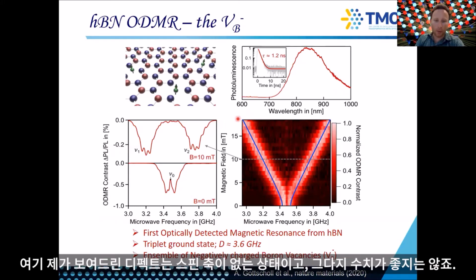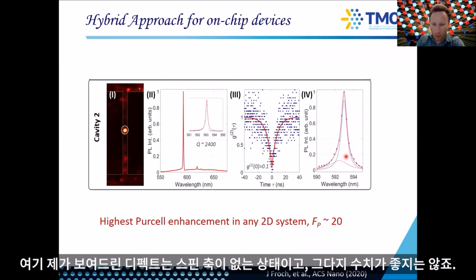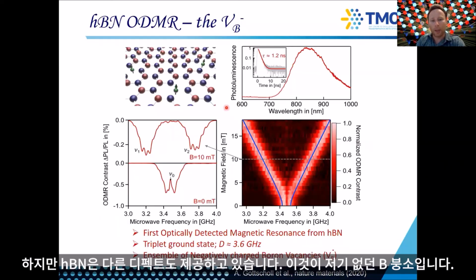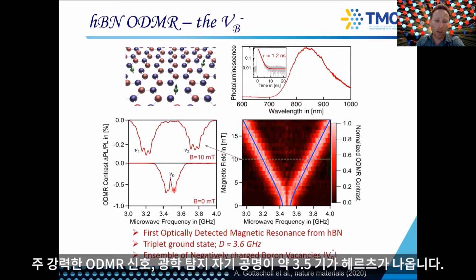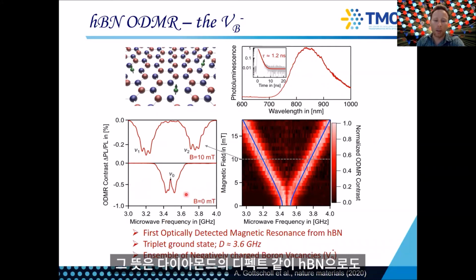Well, these defects that I showed you have some sort of spin access, but not that great. But HBN offers a different defect. So this is the missing boron, the boron vacancy minus, and it has a broad luminescence at about 800 nanometers. And this has a very strong ODMR signal, optically detected magnetic resonance, at about 3.5 gigahertz, which means that you can have access to a spin state also with HBN, very analogous to the defects in diamond.